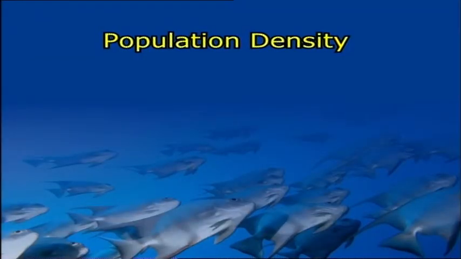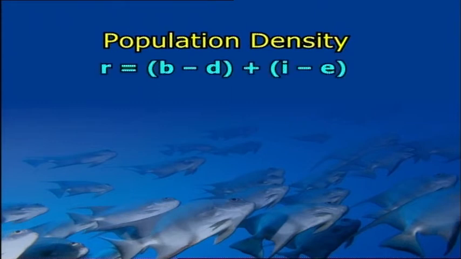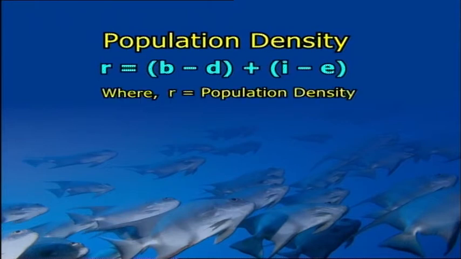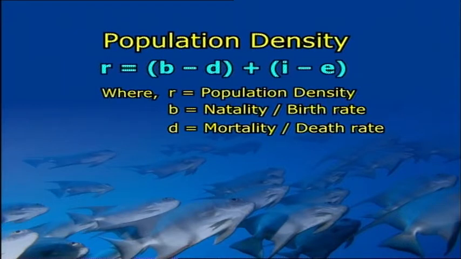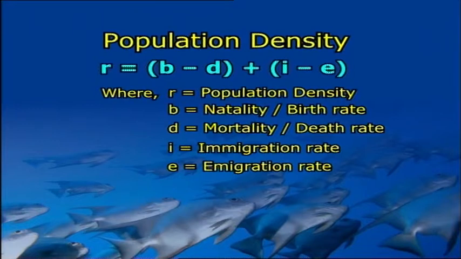Therefore, more accurately, population density can be represented by R = B - D + I - E, where R represents population density, B indicates natality or birth rate, D indicates mortality or death rate, I indicates immigration rate, E indicates emigration rate.